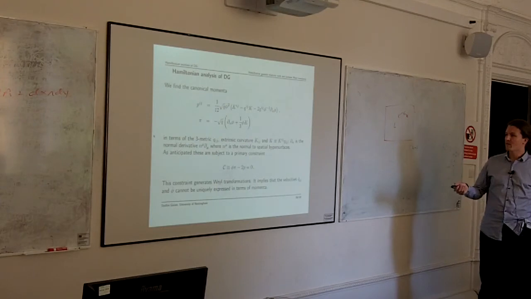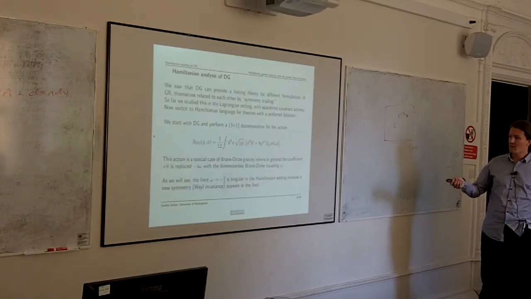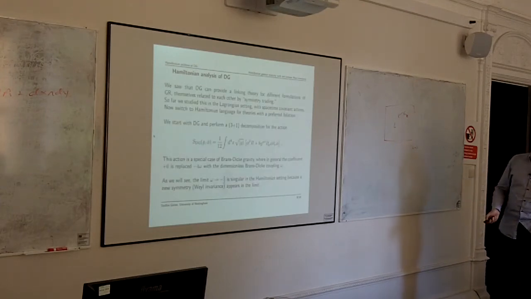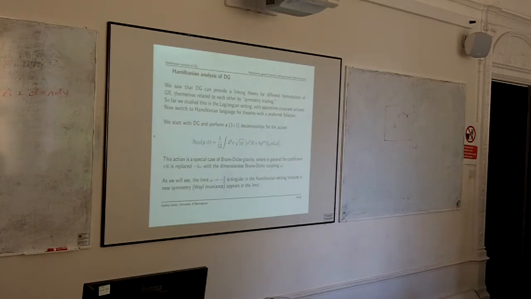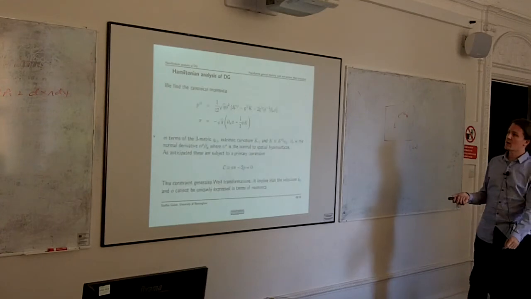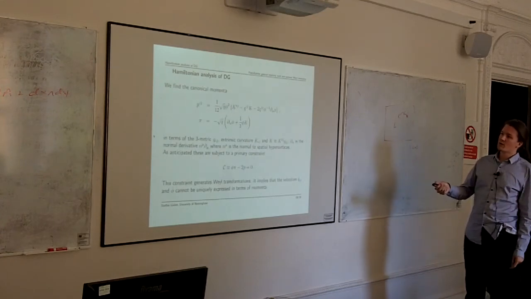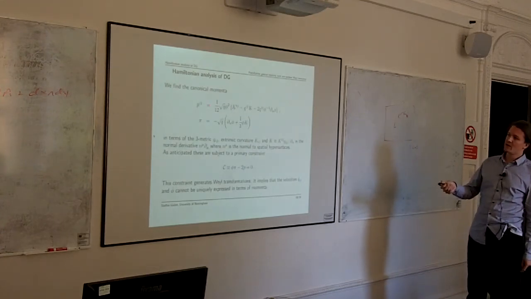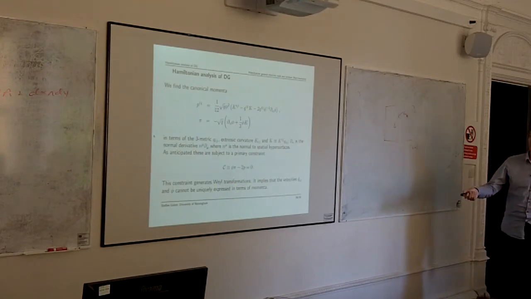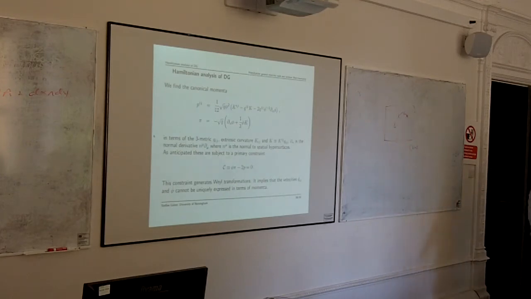So what you always do, your dynamical variables are the metric and the scalar field, while lapse and shift are not dynamical, and you can treat them as Lagrange multipliers. So you introduce these canonical momenta here. So p^ij is the momentum for the 3-metric, and pi is the momentum for the scalar field.